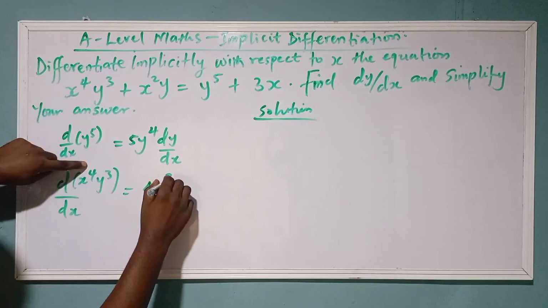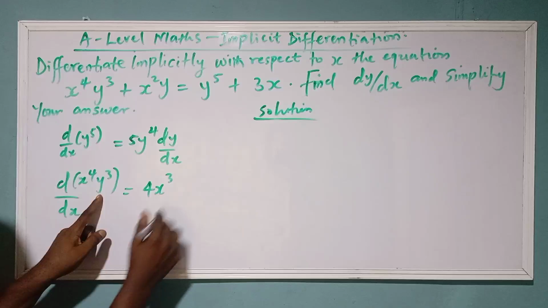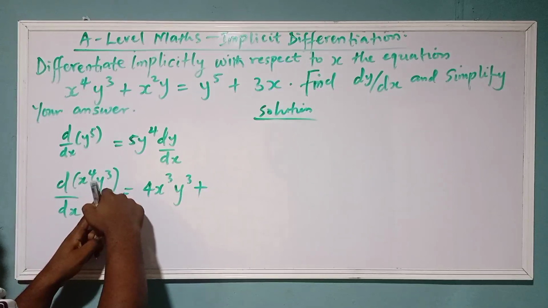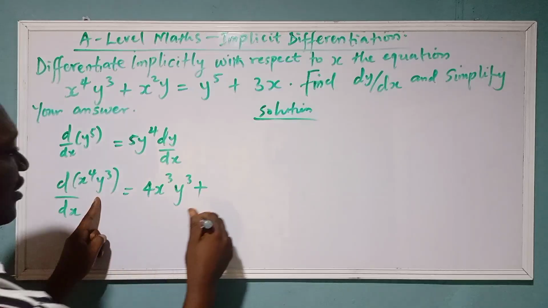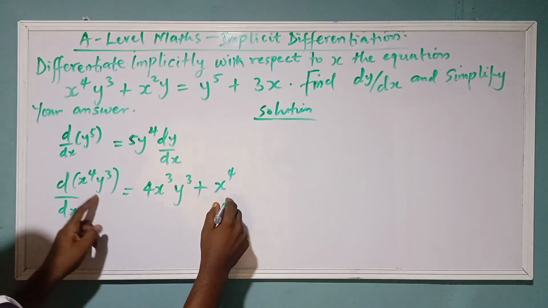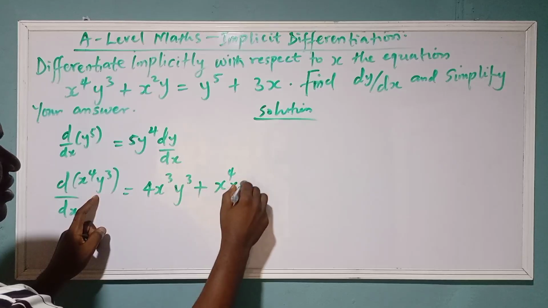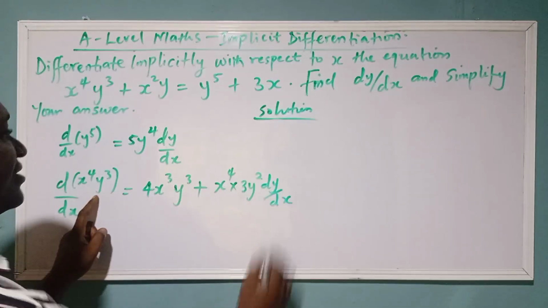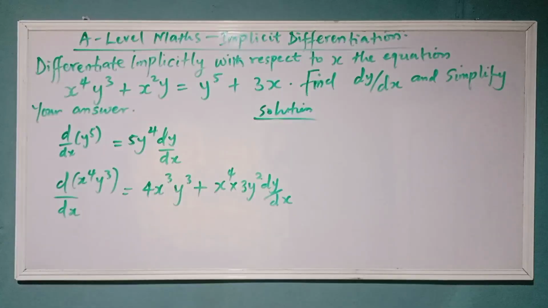Then I keep x constant and differentiate y. So I'll have x raised to the power 4, then the differential of y cubed will give me 3y raised to the power 2 dy/dx. So this is how you expand all this.